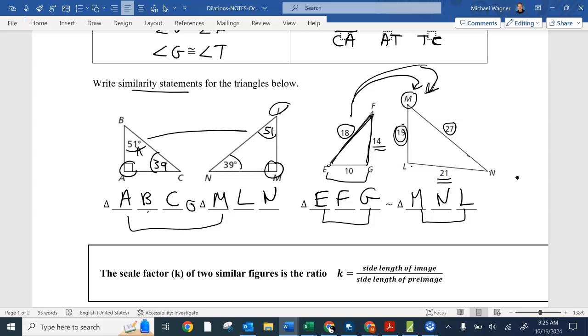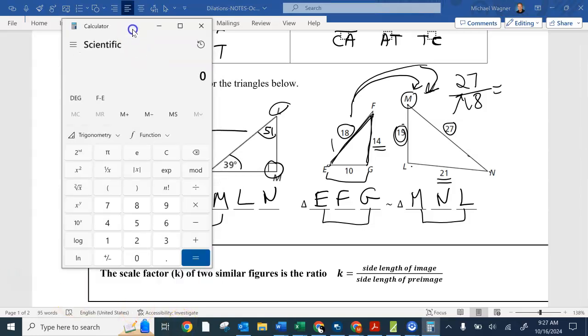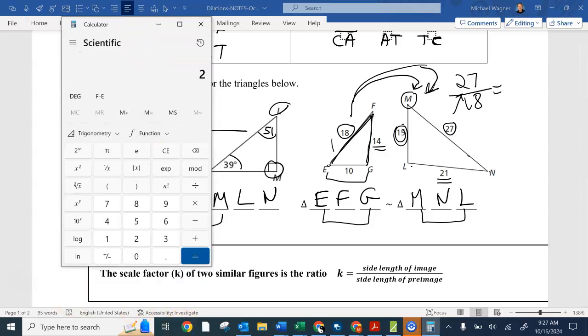That would be the scale factor. What do I multiply all the sides by to get all the sides over here? So I can take this 27, the biggest, divided by the biggest over here, which is 18, and get the scale factor. So I go 27 divided by 18 equals 1.5.